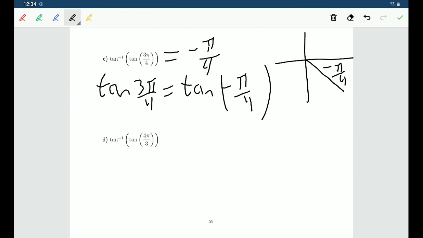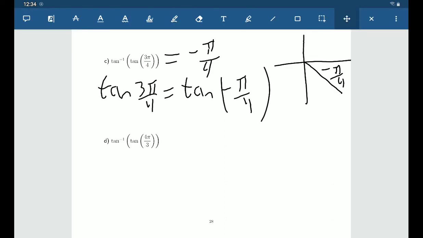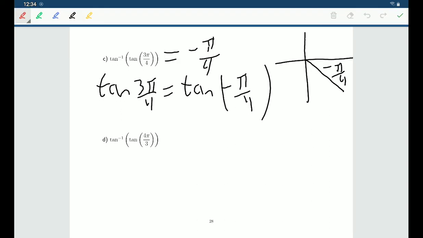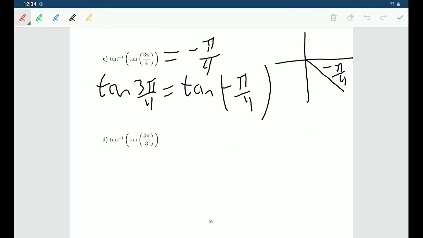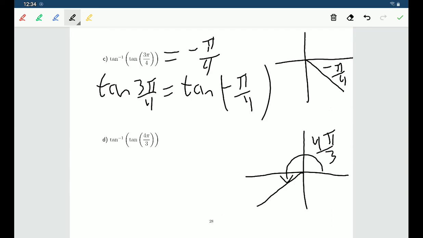There we go. One more, we have tangent inverse of tangent of 4 pi over 3. 4 pi over 3, if I do a quick sketch of that, 3 pi over 3 is the same thing as pi, so 4 pi over 3 is a little bit more than pi, and it's more than it by pi over 3.